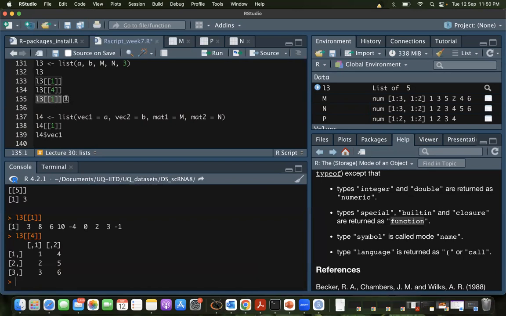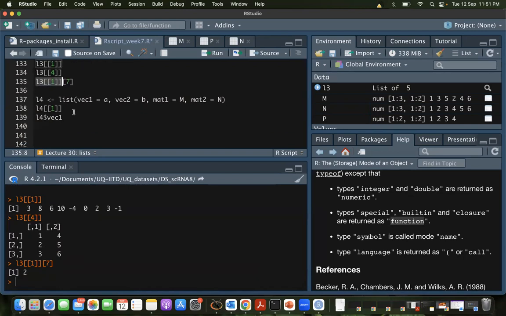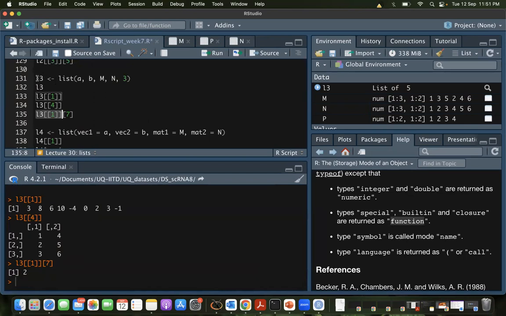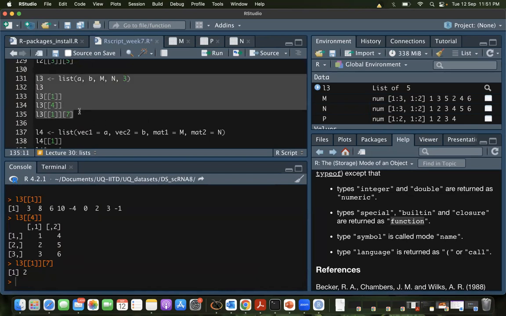This vector, I want the seventh element. So if I run this, I first take the first element of the list. That gives me a vector. I take the seventh element of the vector. Okay. So that's how you define a list. It is very, very similar to a vector. Okay.